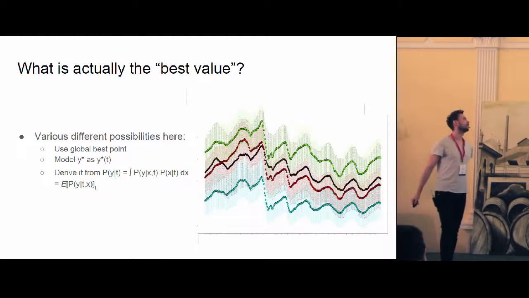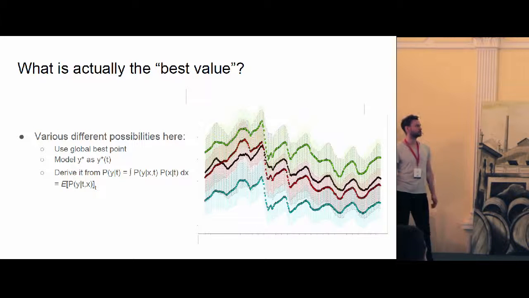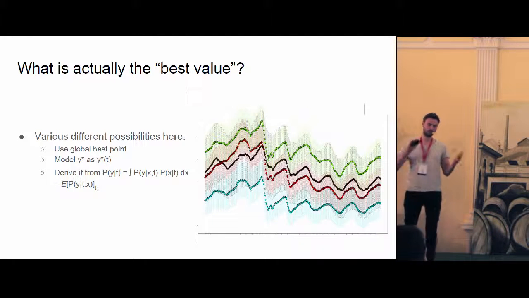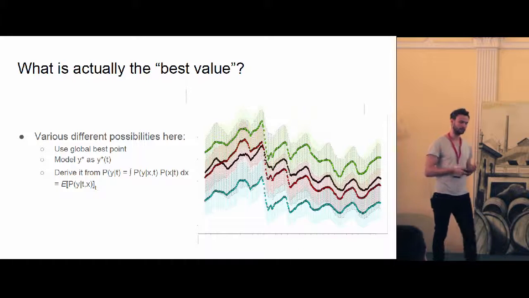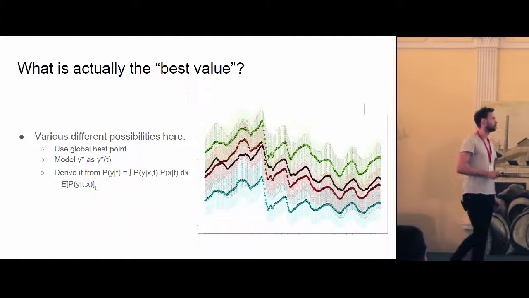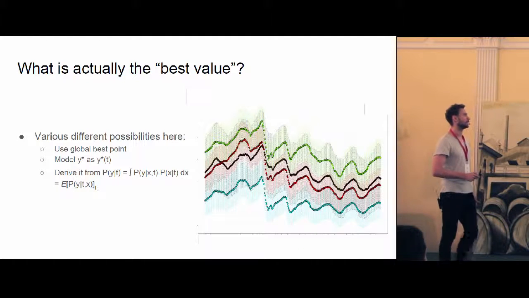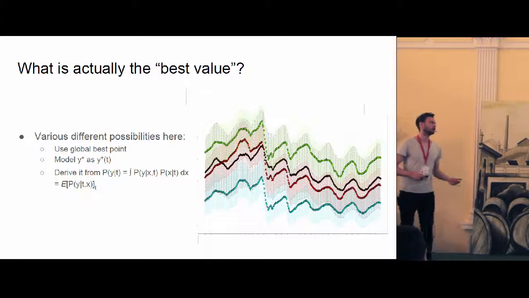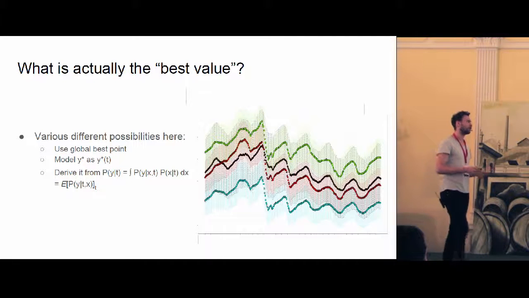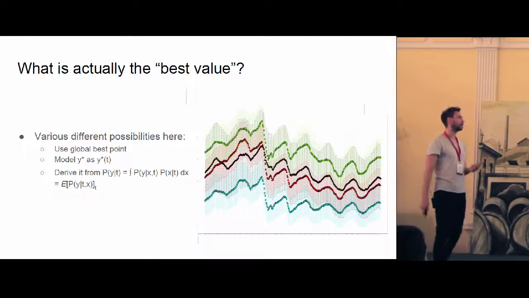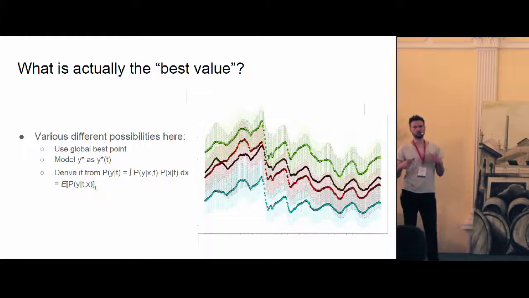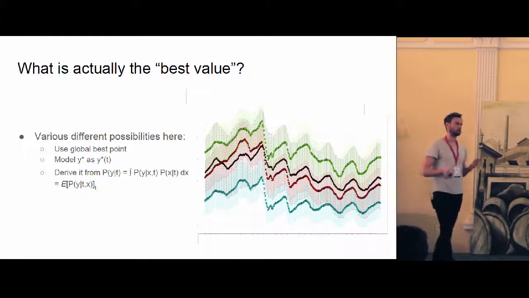What I have not told you is that, of course, you need to model the best value as well, since it's non-stationary. Of course, the best value would be something like here, but it's unfair to always take this best point if you compare it during the week. You could just use a global best point.